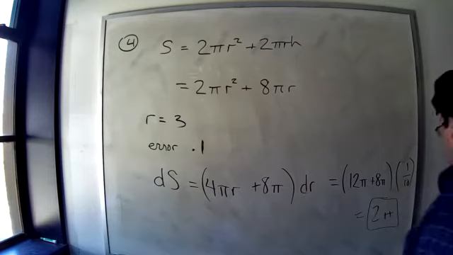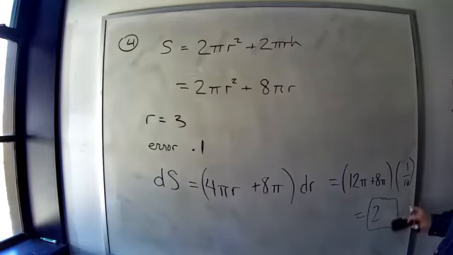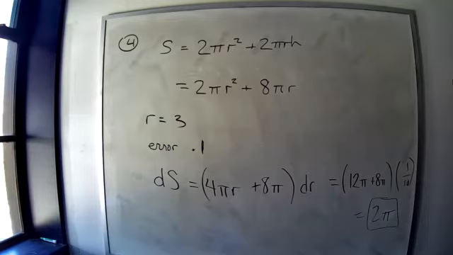which is 2 pi. Technically, to be completely technical, you could say that it's a positive or a negative because it could go in either direction.